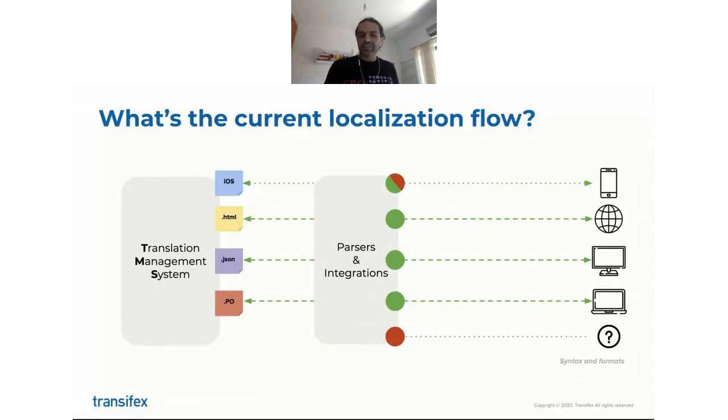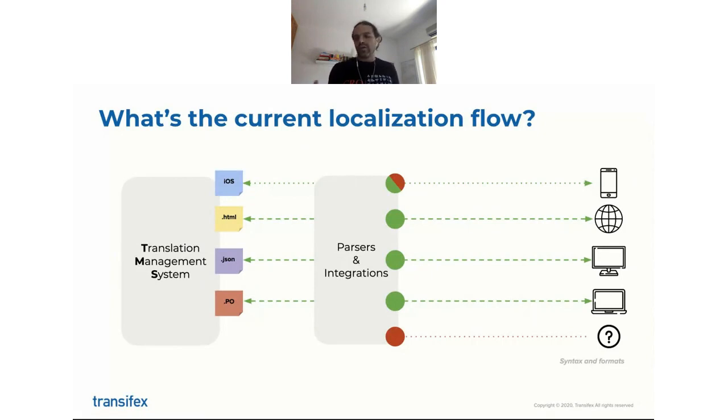What is not displayed is that, as we all know in modern development, there are cases where a single application might require more than one file format, which is a hybrid model. This is the case in more than one application, where certain aspects of the application are served by the front end, for example React Native, and other parts of the application, other pages, are served from the backend.